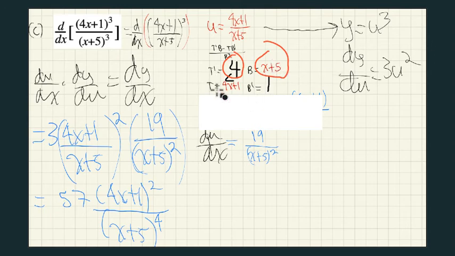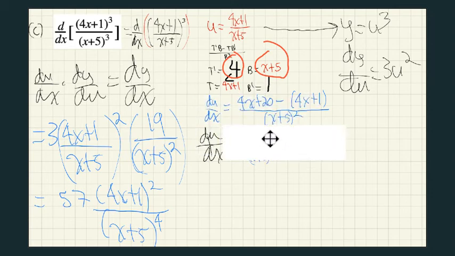And then in the bottom, I've got (4x plus 1) times 1, but I'm going to be subtracting that. So let's take a look at what that looks like. I did the 4x plus 20, which I expanded out nicely here, subtracting off 4x plus 1. So when I do this, I've got 4x subtract 4x, so that's canceling by subtraction. Those 4x's are gone.